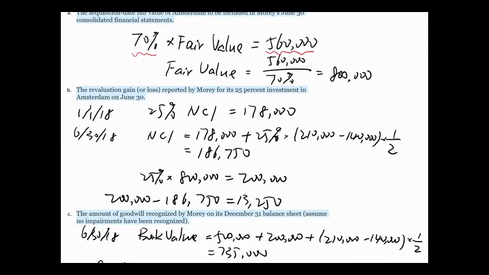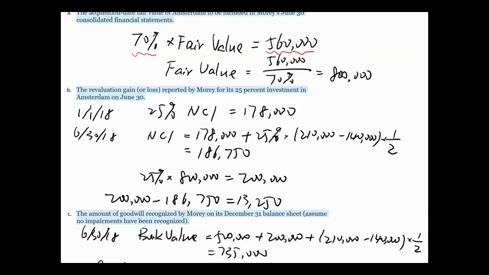Okay, question B. The revaluation gain reported by Maury for its 25% investment in Amsterdam on June 30 will be how much? Okay, so after half a year of operation, the subsidiary company's market value may change a lot more than its book value. Then there will be the revaluation gain. So let's have a look at what happened during that period.